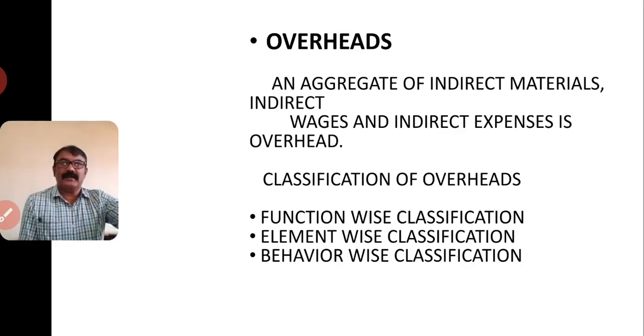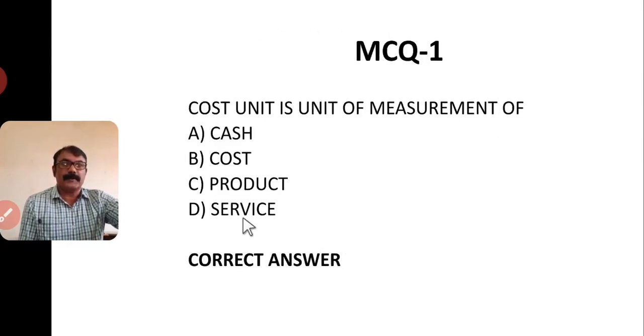I think this fourth session will be closed. Before closing the fourth session, I will go for the MCQ questions. The first question is, cost unit is a unit of measurement of what?